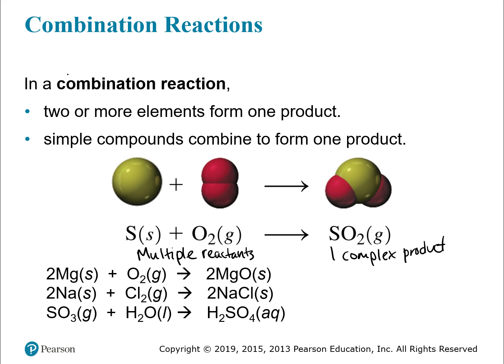You may also see this called a synthesis reaction. And I abbreviate reaction RXN. So there's several examples of combination reactions. You can take a metal and add oxygen and you make a metal oxide. That's a combination reaction.